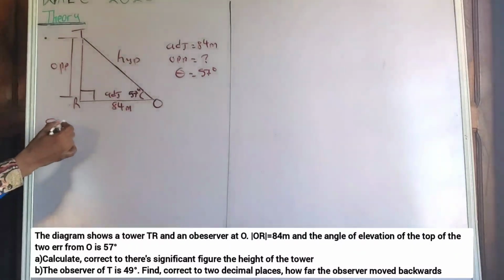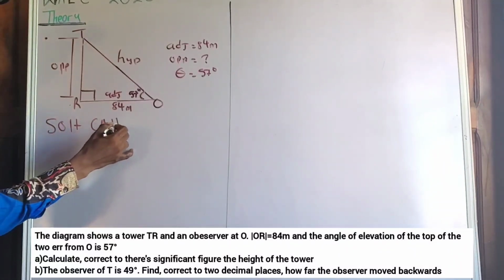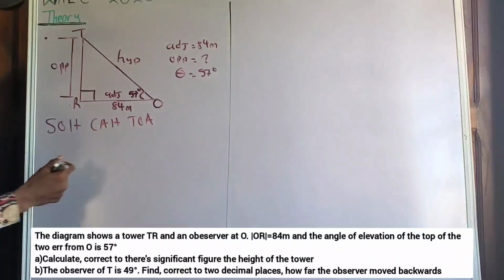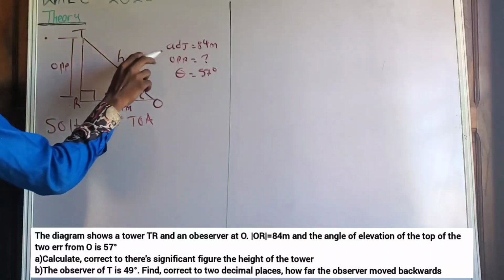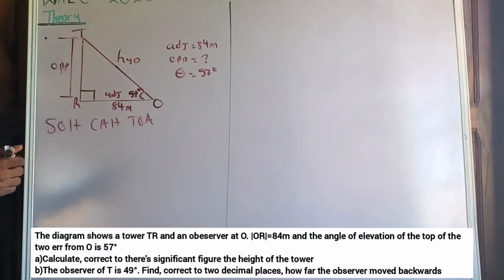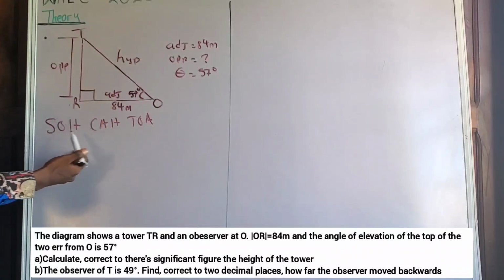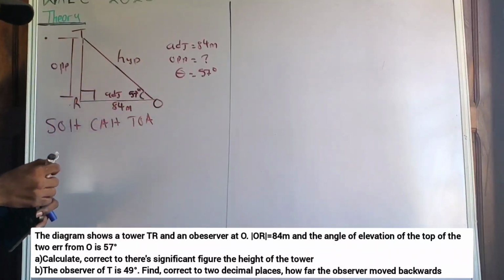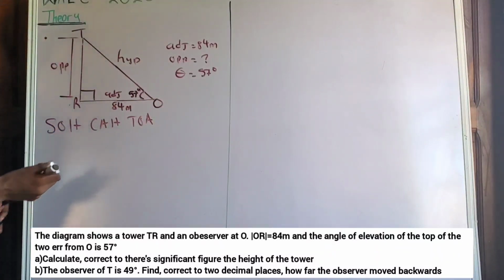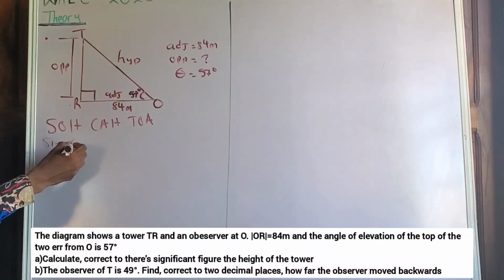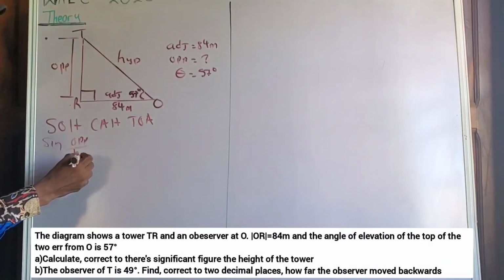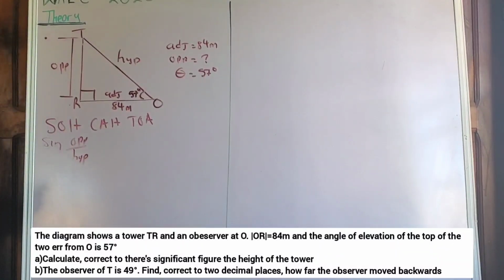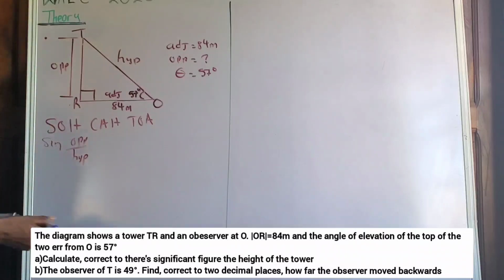Now, based on the mnemonic device SOHCAHTOA, what trigonometric ratio combines both adjacent and opposite? You know that sine of an angle is opposite over hypotenuse, so we cannot make use of sine, right? What of cos?